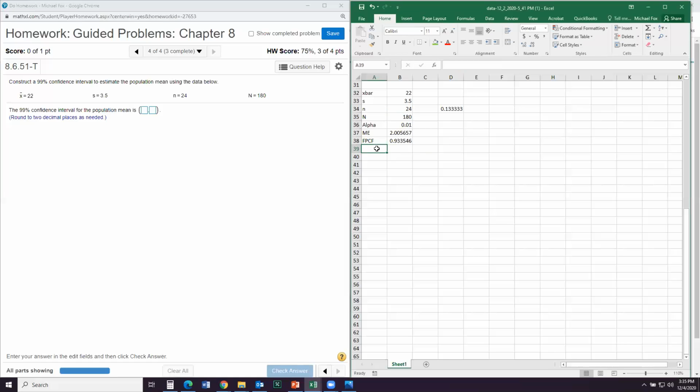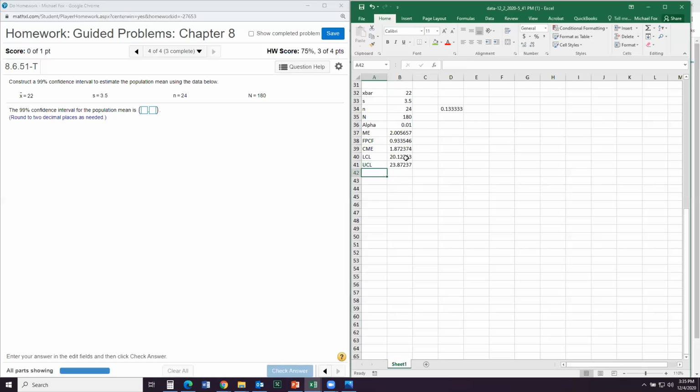And so then our corrected margin of error is going to be the margin of error times the finite population correction factor. And so now all we need to do our confidence interval is to take our X bar minus the corrected margin of error and X bar plus the corrected margin of error.